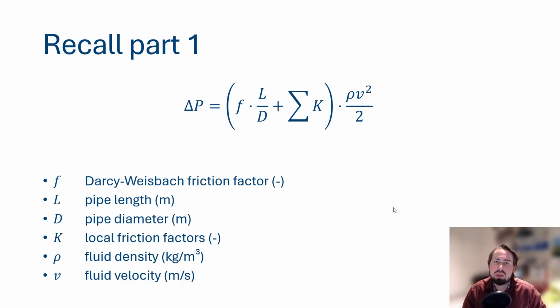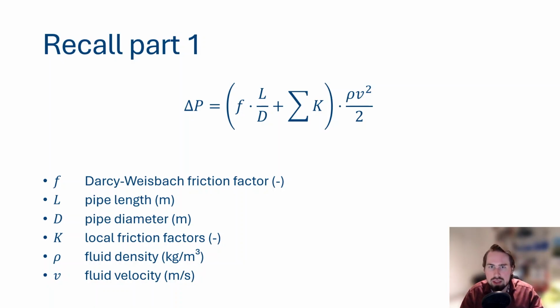To recall the first part of this series, we said that the pressure drop can be calculated using this formula, where we have on the one hand a factor taking into account the pipe length and the pipe diameter, which we called the major losses or the friction losses. And these are all the losses related to friction between the fluid and the pipe, and within the fluid itself, etc. And then we have another term, which is the summation of all the local friction factors, or the minor losses, which we can identify in our hydraulic design.